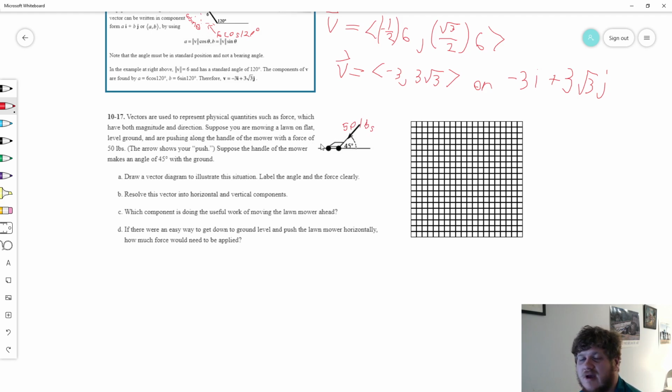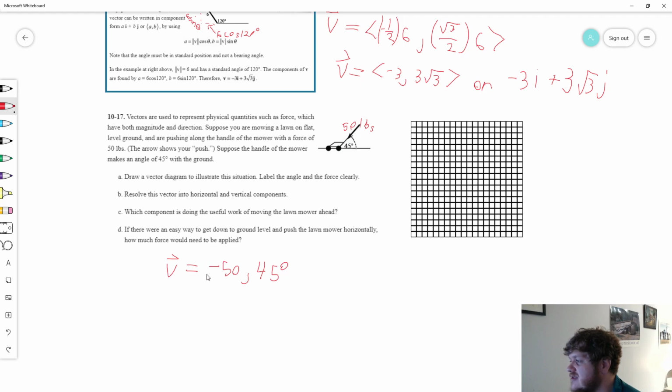I, however, have the luxury of just drawing on the image and doing that. And then we're going to resolve the vector into horizontal and vertical components. Now, one of the things to notice is that since this is 45 and it's going this way, what I would like to say is that v equals negative 50, comma, 45 degrees.